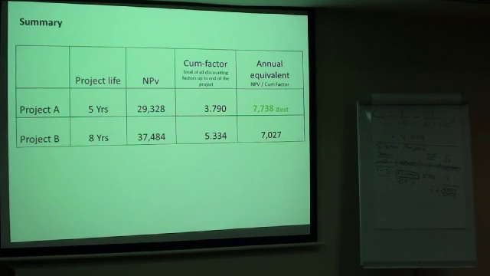And then identifying the time value of money, cumulative factors, infinity value, 500-year value, 300-year value, 200-year value. Understanding that any value more than 50 years is of no use, right? And then finally, if you are faced with two projects of two different NPVs, of two different durations, and having to pick one, the answer is annual equivalent.